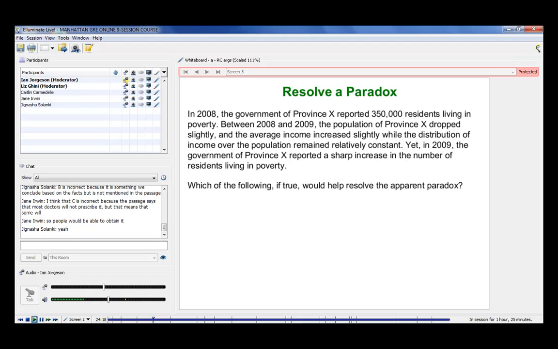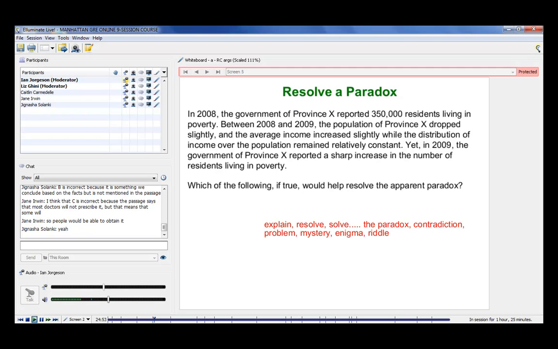So as always, let's preview the question. Which of the following, if true, would help to resolve the apparent paradox? So the words that you're looking for here are words like explain, resolve, solve, the paradox, contradiction, problem, I'm running out of words here, mystery, enigma, riddle, right?